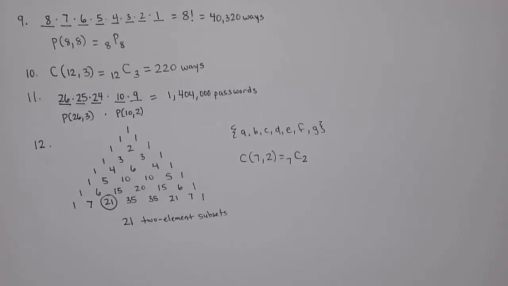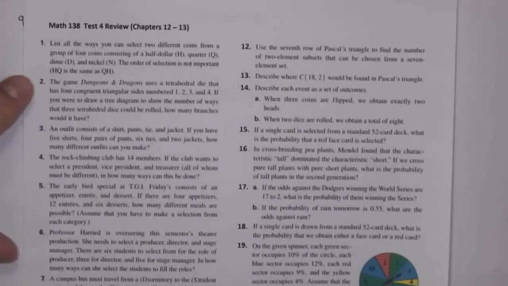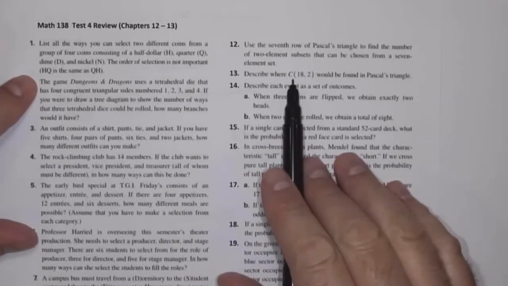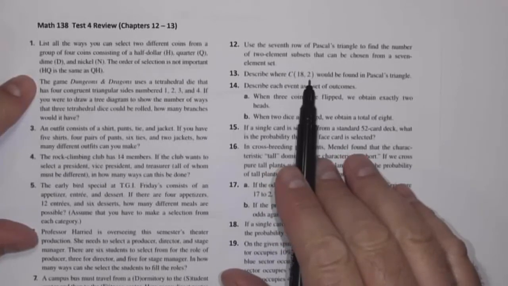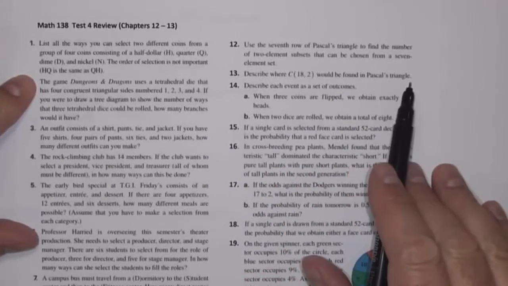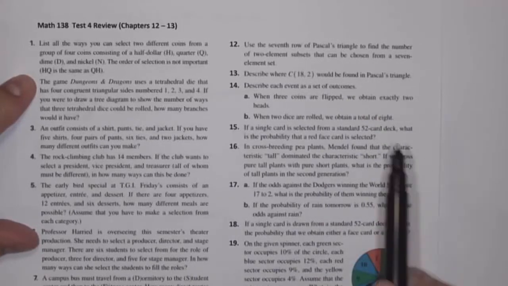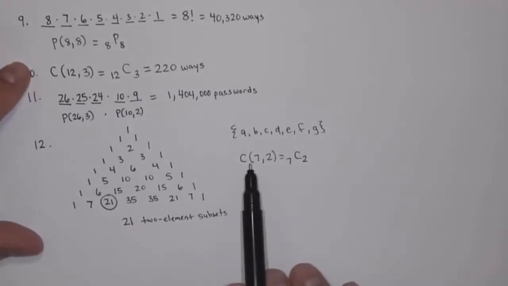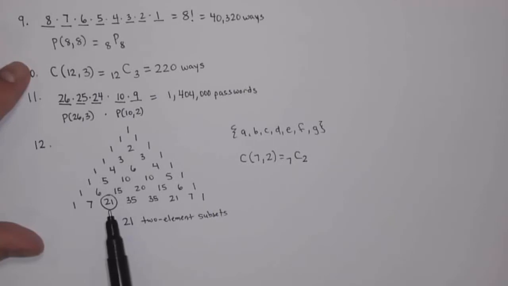Let's take a look at number 13. So number 13, describe where the combination of 18 choose 2 would be found in Pascal's triangle. Well, that's a lot like the problem we just did, except we're describing this. So again, we're looking at the relationship here. Well, I just mentioned that 7 choose 2, that was the second entry in the 7th row.